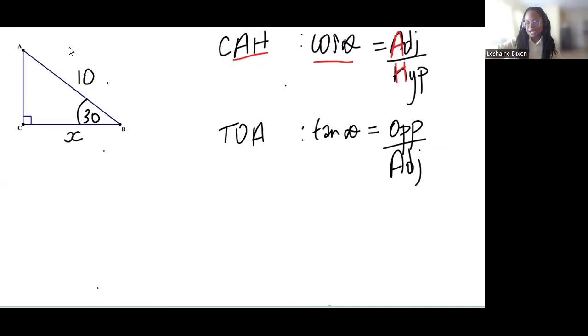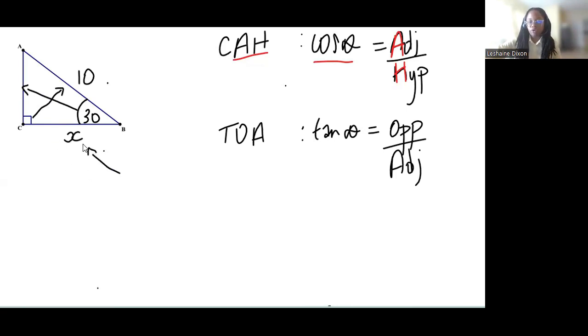Let's jump straight into the examples. So I first have my hypotenuse, which is directly opposite to my 90-degree angle, and it has a measure of 10. Now, I also have myself an angle of 30, and opposite to the angle, the length is not given, and that's okay. But I also have my adjacent being missing.